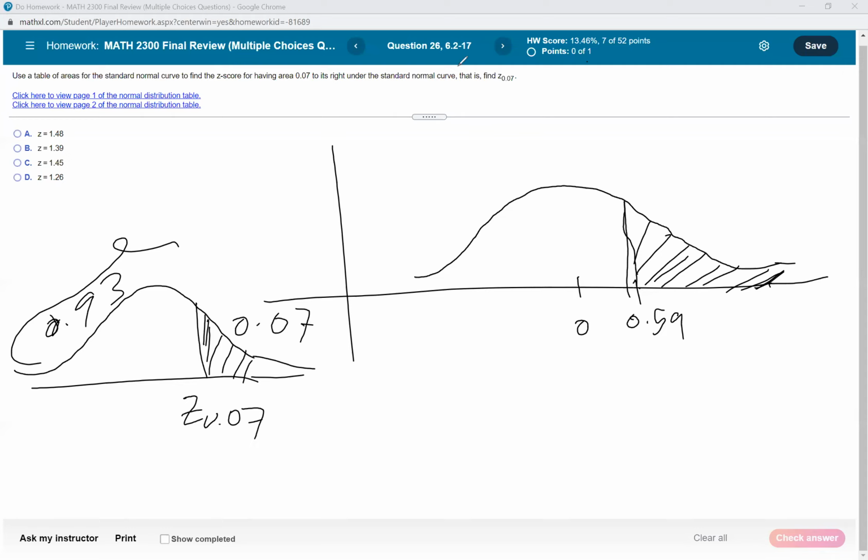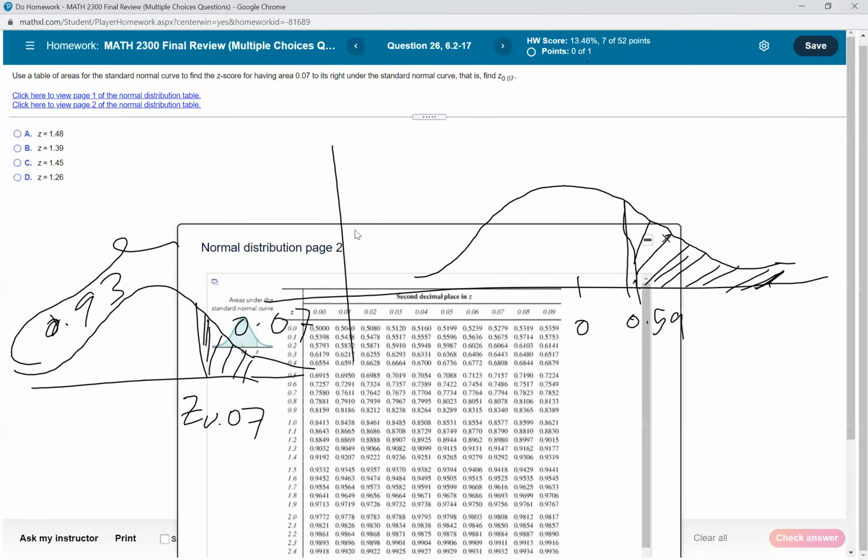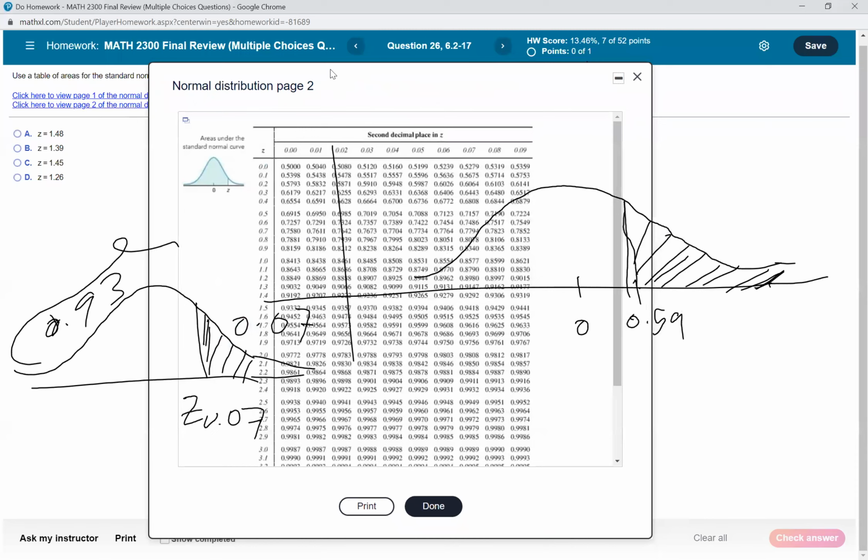Now look at the normal curve table. The area on the left is 0.93, so we look for 0.93. It lies between 0.9292 and 0.9306, and the corresponding z scores are 1.47 and 1.48.